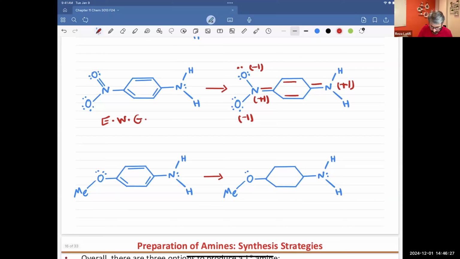While an electron donating group like methoxy can share the lone pair, then this one goes there, and this one goes there, and it can actually increase the electron density on nitrogen. So for example, if we share the lone pair with the ring, we can have something like this.